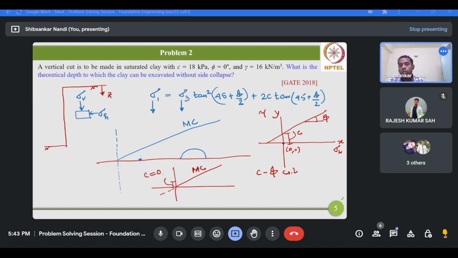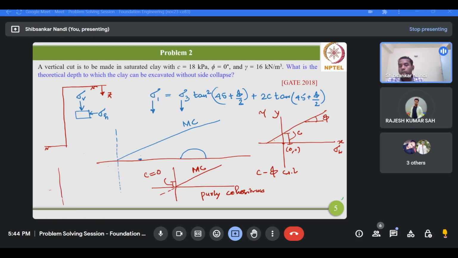Cohesion is now 0. If cohesion is 0, the soil for which you are plotting this envelope is purely cohesionless. Are you getting my point? Yes, sir, I'm getting.